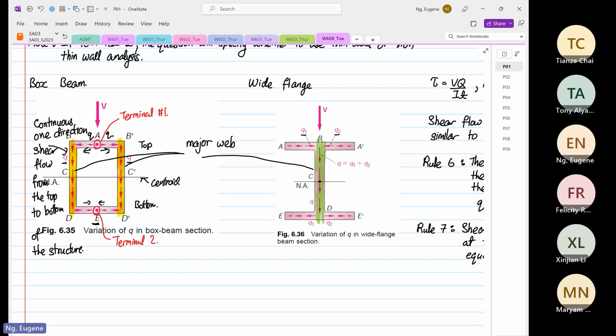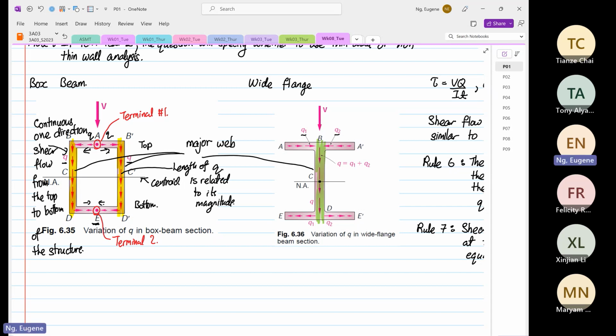One thing I want to highlight is that at the terminal the shear flow is equal to 0. Oh, I remember what I wanted to say. Over here you can see that the length of Q is related to its magnitude.